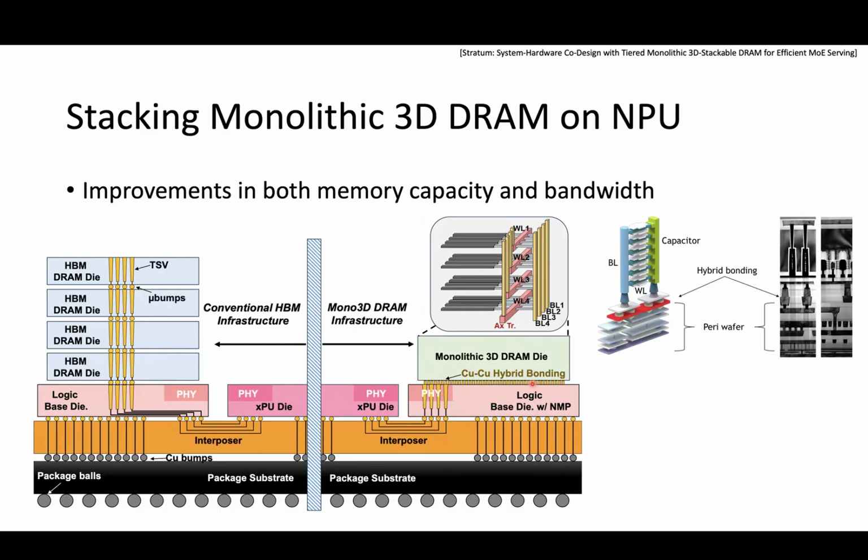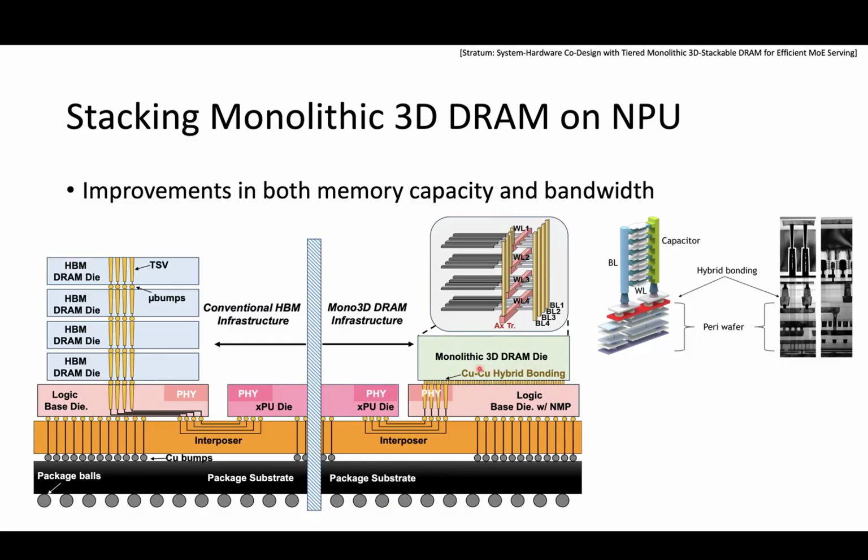Currently, by using a new packaging technique called hybrid bonding, we can have a large number of connections between the DRAM silicon die and the logic die. The number of wires determines the bandwidth, so by having more wires, more connections, we can increase the memory bandwidth.